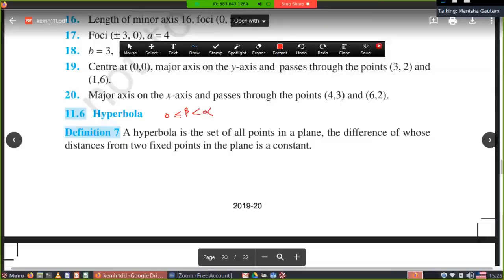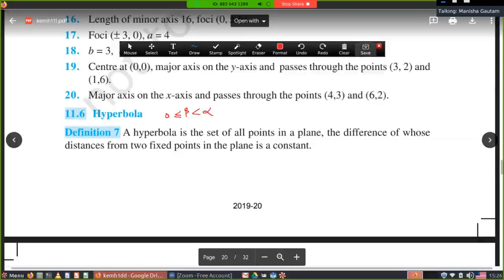As you know, alpha is the angle between the axis and generator of the cone, and beta is the angle between the axis of the plane and the axis of the cone. So if beta is greater than or equal to 0 and less than alpha, then the plane cuts through both the nappes and the curve of intersection is a hyperbola.